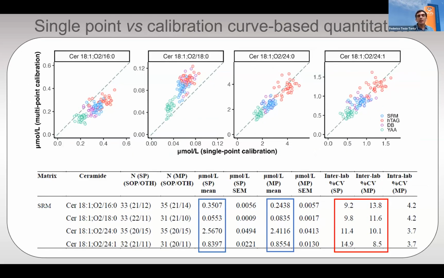We then compared the quantitation by using single point or an external calibration curve, as both methods are currently part of our lipidomic workflows. So we obtained comparable interlab CVs for concentrations calculated using the 2 methods, and you can see that in the red box.